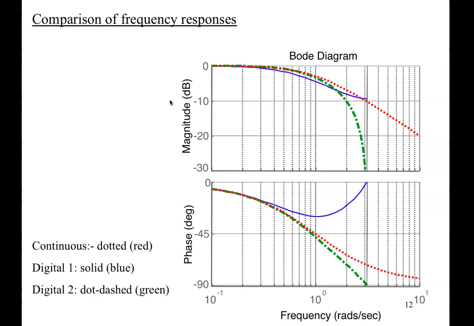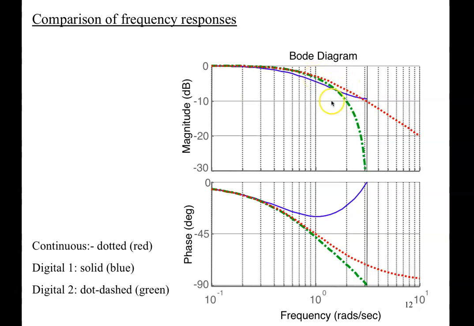The blue line is the one converted using the backward method. The green line is the frequency response designed with the bilinear method. If you compare the three, the blue line starts to differ from the red at a fairly low frequency, whereas the green line sticks to it until you get somewhere there.